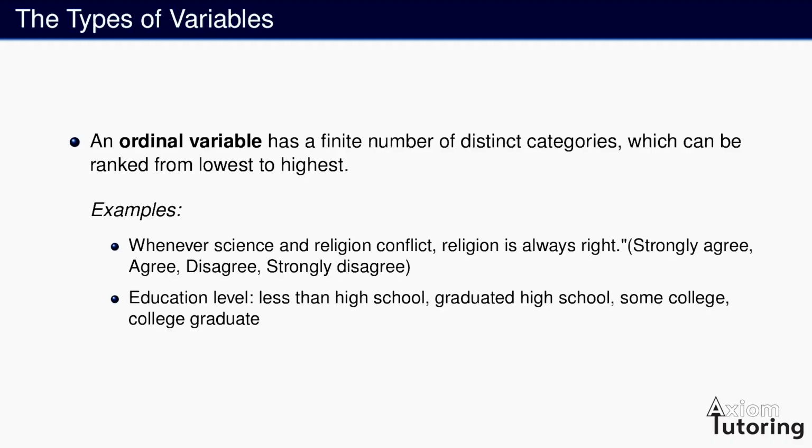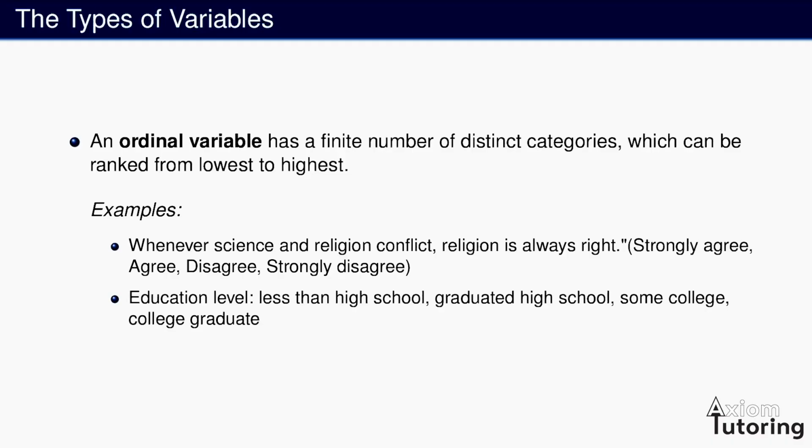Okay, a good example of this is any variable where you ask a question and the answer is based on a Likert scale. So for example, whenever science and religion conflict, religion is always right. And you have to answer strongly agree, agree, disagree, and strongly disagree.